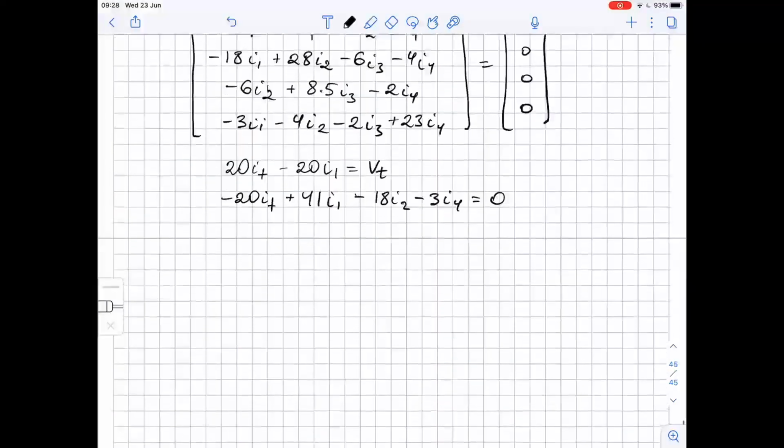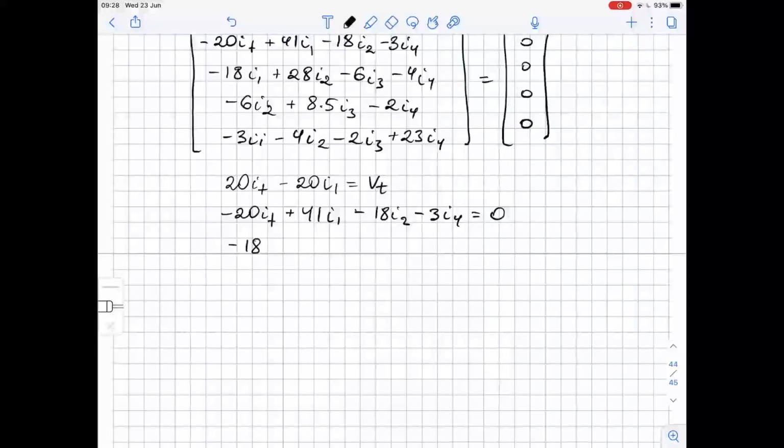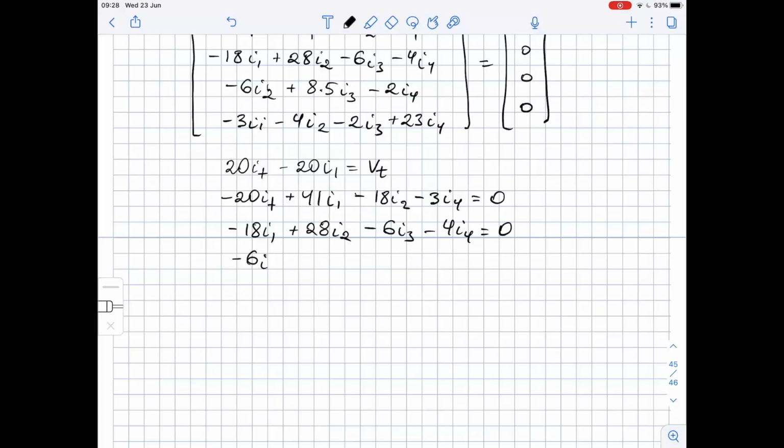Next one, negative 18 I1 plus 28 I2 minus 6 I3 minus 4 I4 equals 0. Next, negative 6 I2 plus 8.5 I3 minus 2 I4 equals 0. Next, negative 3 I1 minus 4 I2 minus 2 I3 plus 23 I4 equals 0.